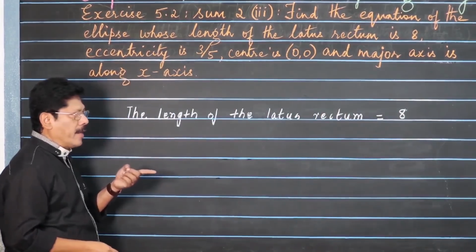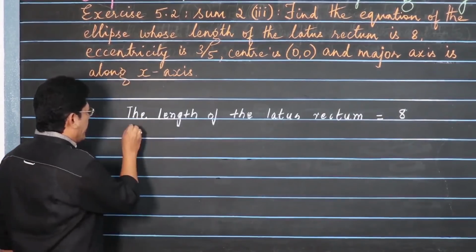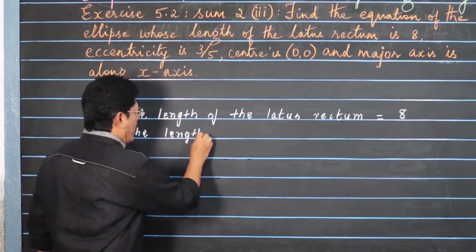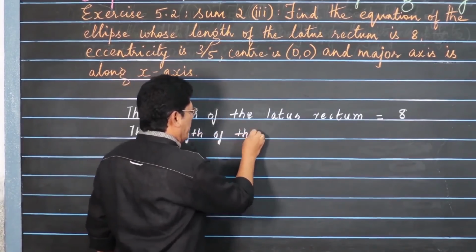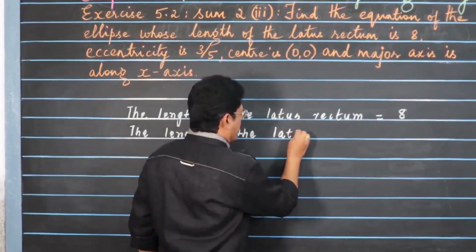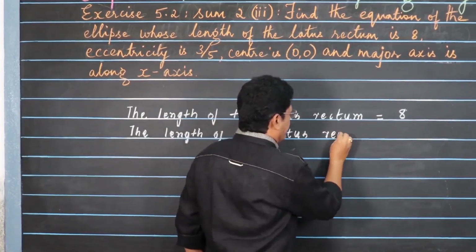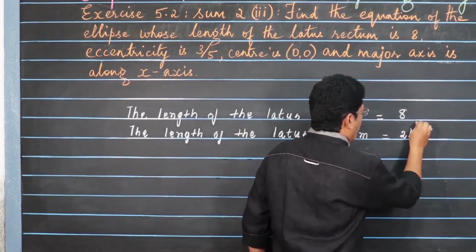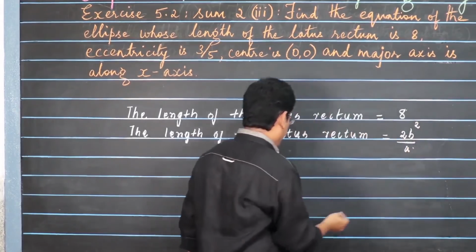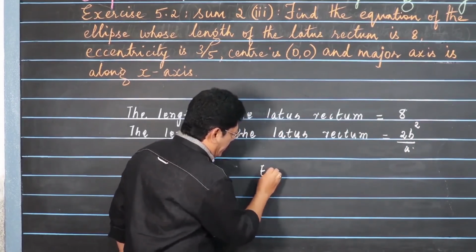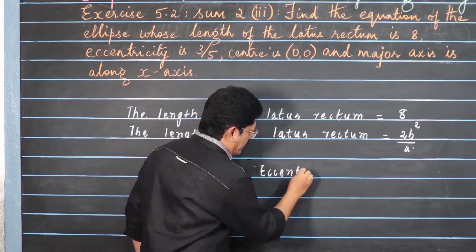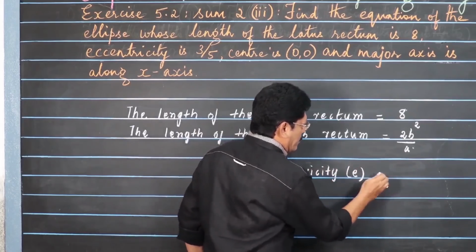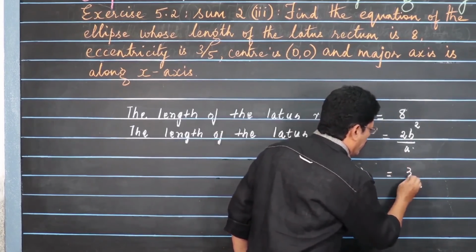Therefore, the formula for the length of the latus rectum is equal to 2b squared by a. Then eccentricity E is equal to 3 by 5.